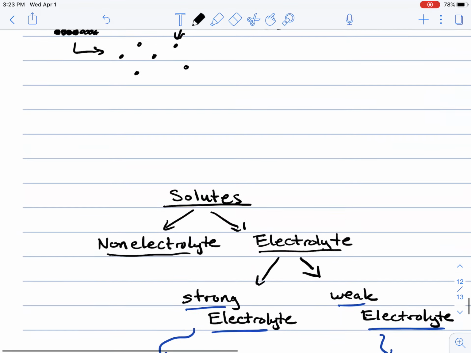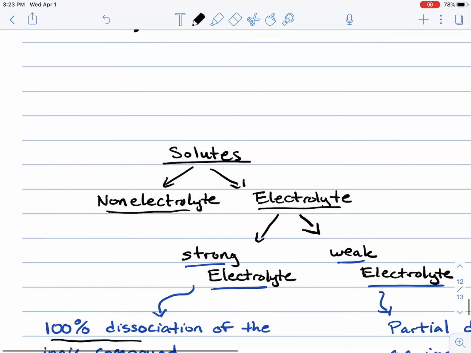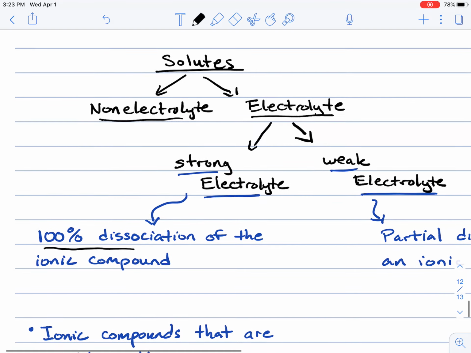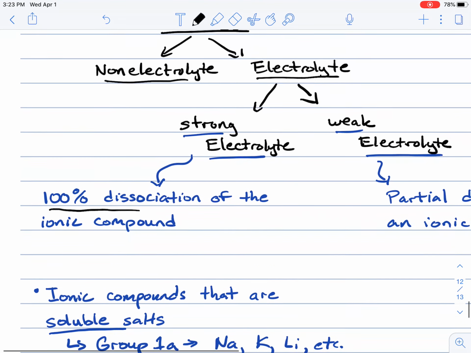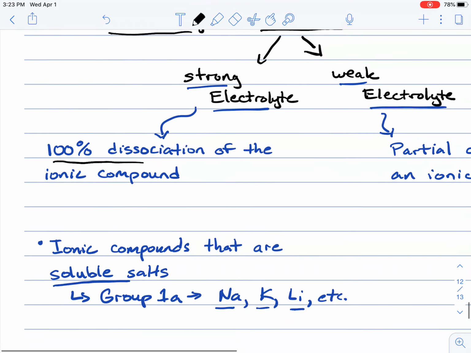So we're going to lay down some ground rules, if you will, that will help you identify whether that electrolyte is going to be a strong electrolyte or a weak electrolyte. Let's take a look at the first one, strong electrolytes.